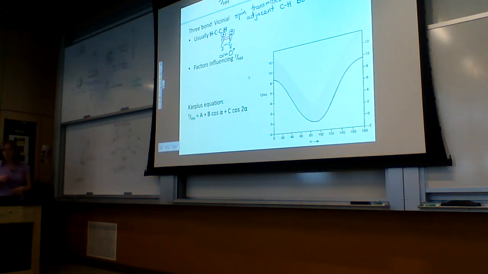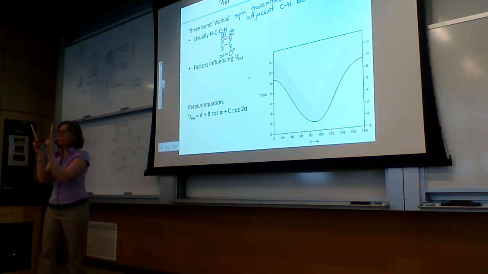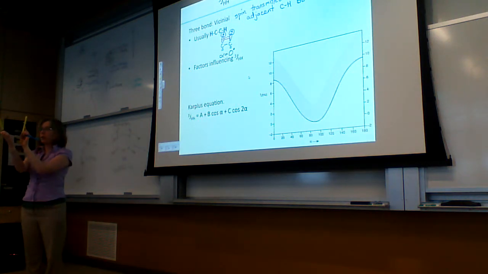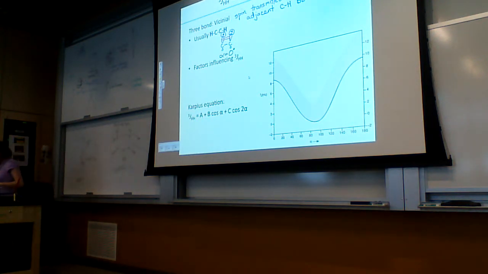This is the case where you have two carbons where the two yellow ones are the hydrogens we're looking at. The angle between the two is 0. You get maximum overlap between the orbitals, and you get a pretty good coupling.